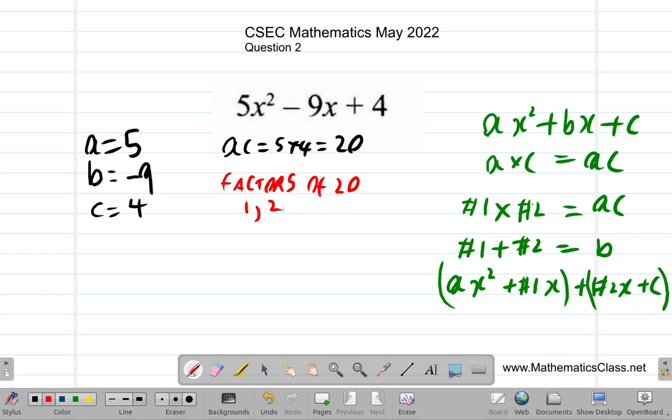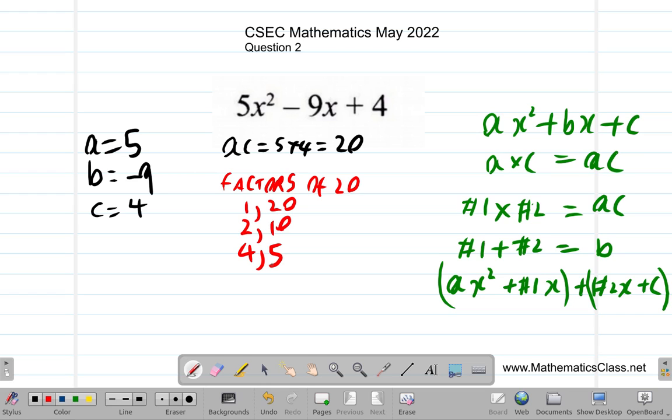You have 1 and 20, you have 2 and 10, and you have 4 and 5. So 1 times 20 is 20. 2 times 10 is 20. 4 times 5 is 20. Good.